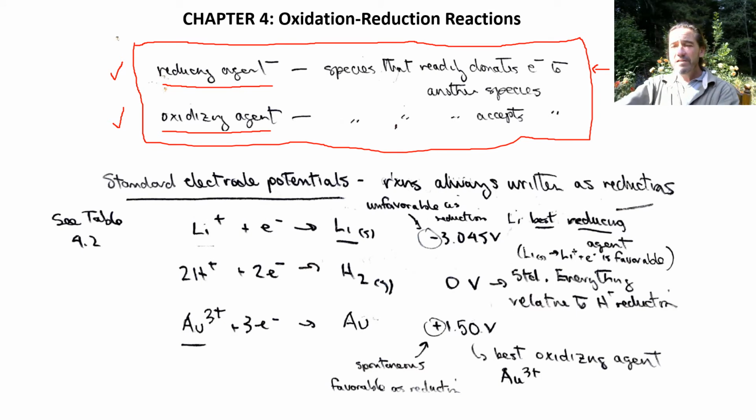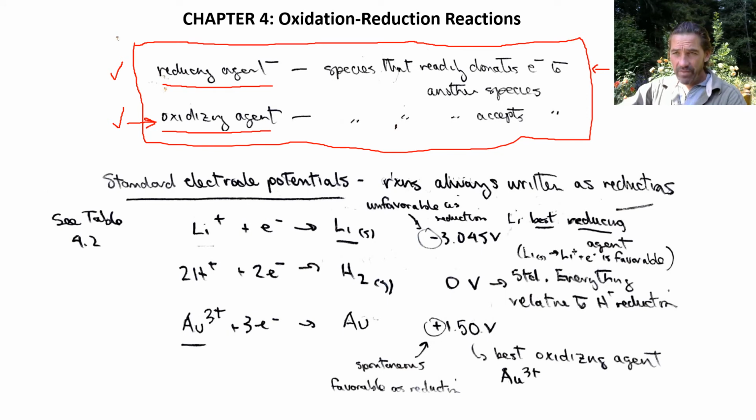On the other side of the reaction, we have the oxidizing agent. The oxidizing agent is a species that readily accepts electrons, and the oxidizing agent itself became reduced.